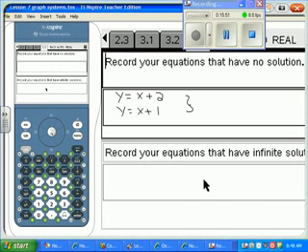What do they have in common here? Same slope. Because these two lines have no solution because they're never going to intersect. The reason they never intersect is because they have the same slope. All right, so what's something going to look like if it has an infinite solution?